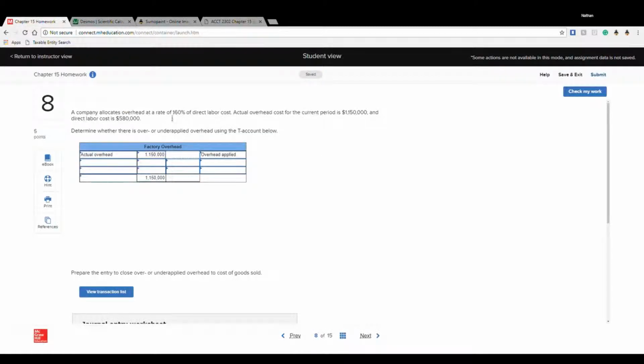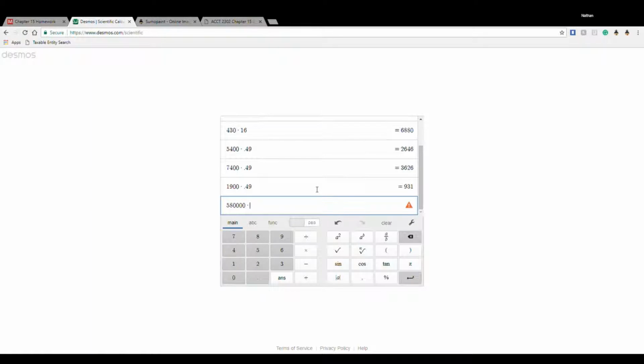So since this is 160, remember the decimal from the percentage rate moves over to the left twice. This is actually 1.6. So we're going to go to our calculator, put in 1.6, enter, and we should allocate our overhead applied of 928,000.